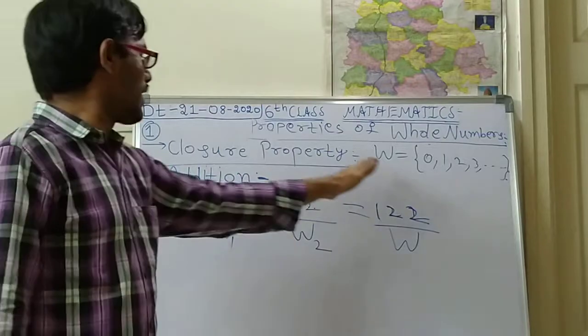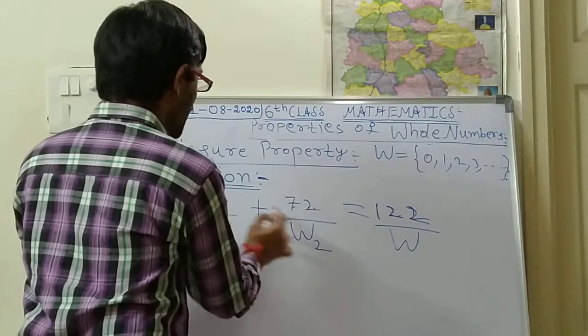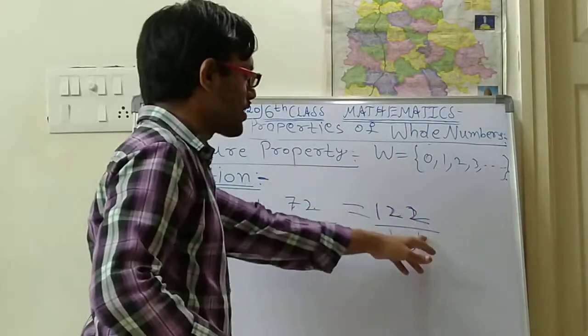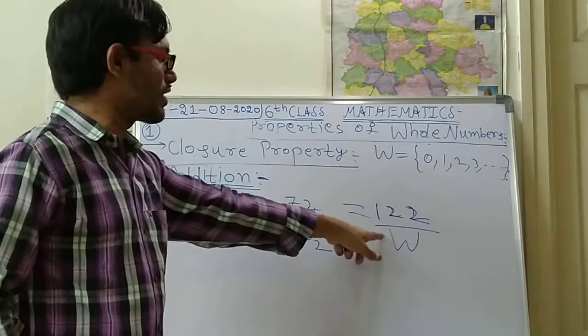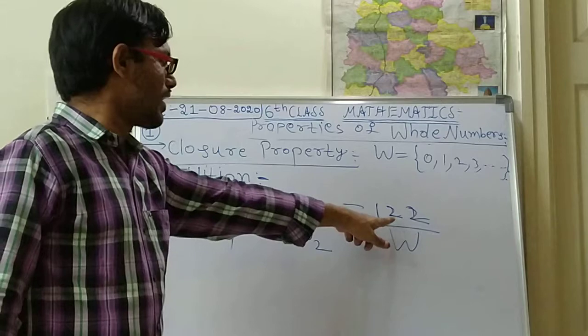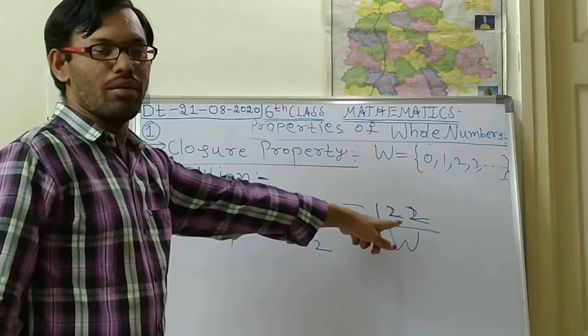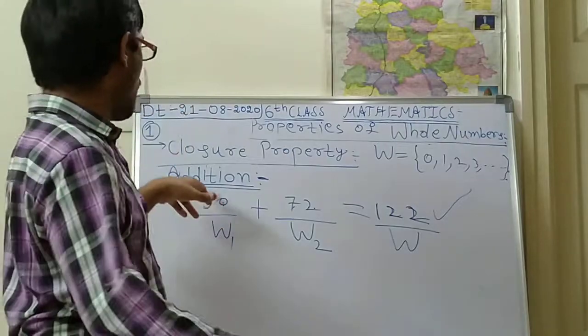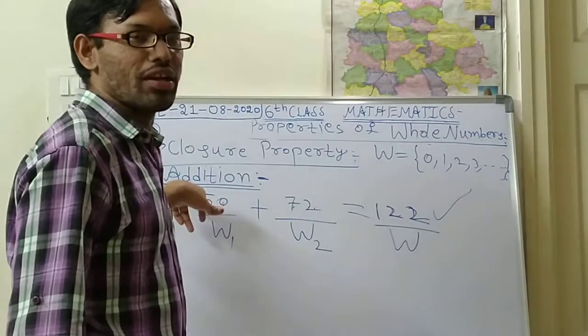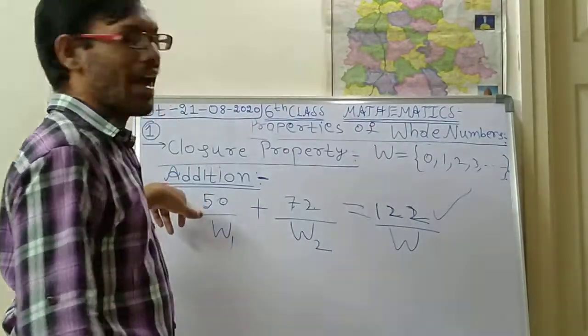So that means if we add any two whole numbers, the result should also be a whole number. So is this satisfying the property? Here the result is also a whole number. So this is the closure property of addition. Closure property of whole numbers under addition.